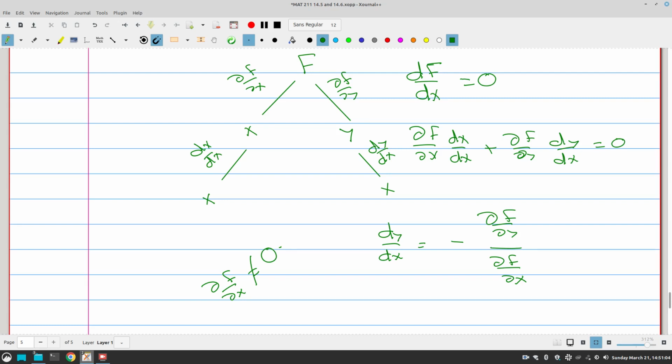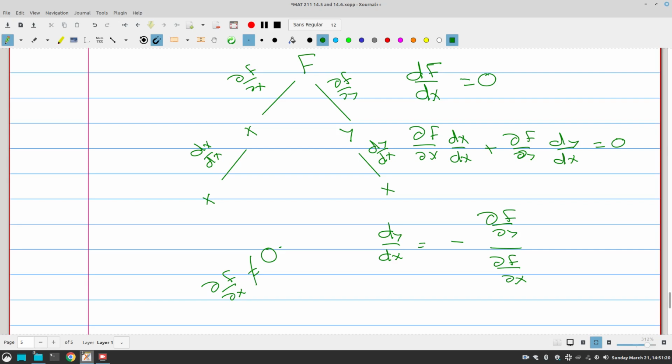So this is another way of looking at implicit differentiation. This is another way of finding dy over dx, the total derivative of y with respect to x.